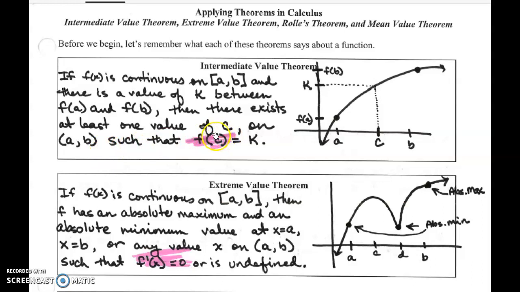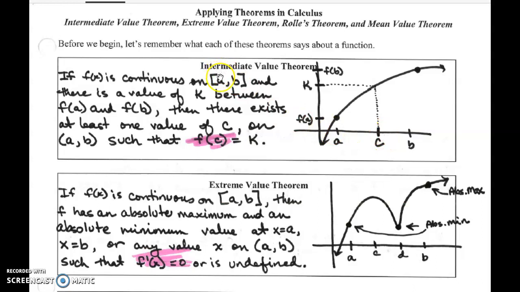I should also mention that this k value is somewhere between f of a and f of b. K is a y value, by the way. There is some c in the interval such that f of c is equal to k.